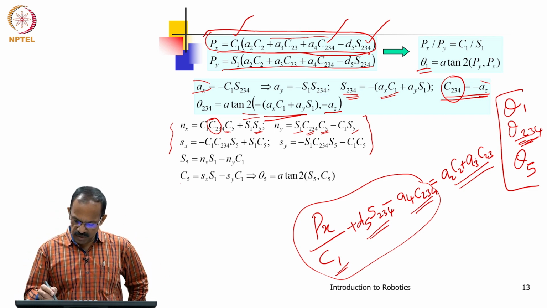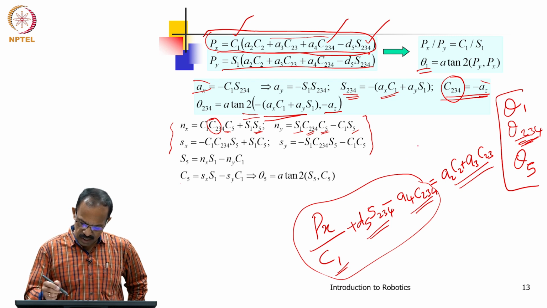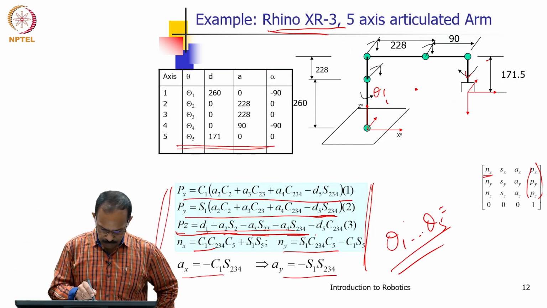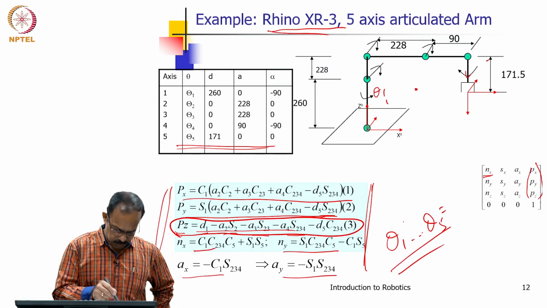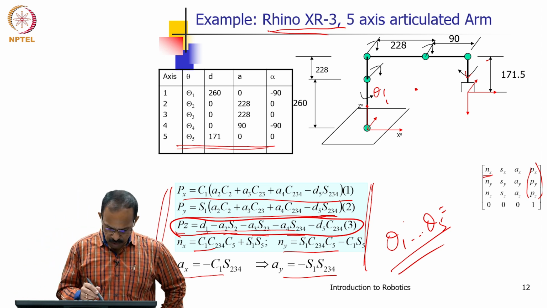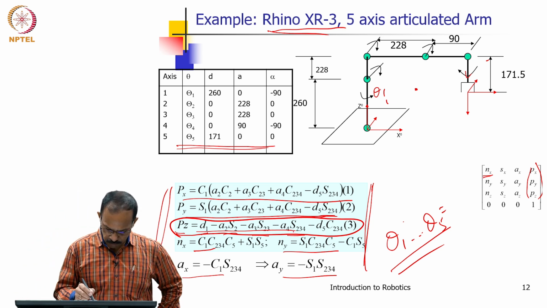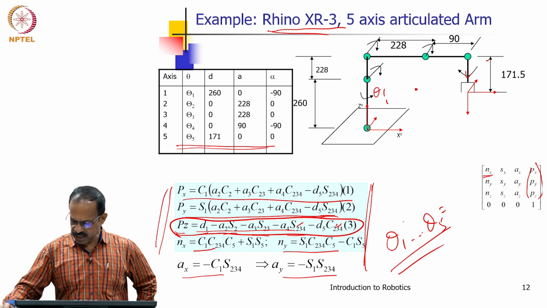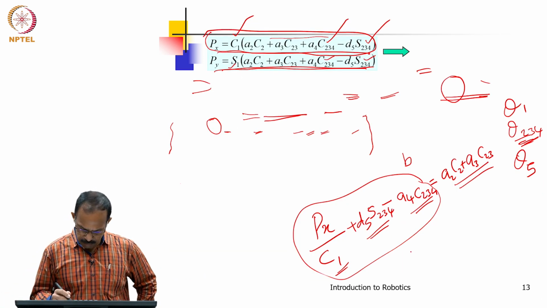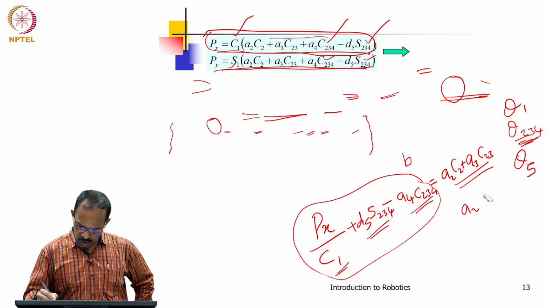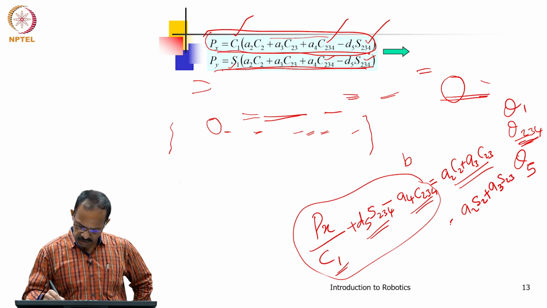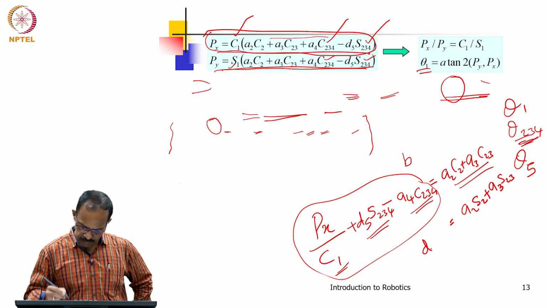So, we can write A 2 C 2 plus A 3 C 2 3 is equal to a constant B. Okay, so B is equal to A 2 C 2 plus A 3 C 2 3. And in this one we know 2 3 4, and therefore, we will be able to write this with Pz: A 2 S 2 plus A 3 S 2 3 is equal to another constant D, that is Pz.